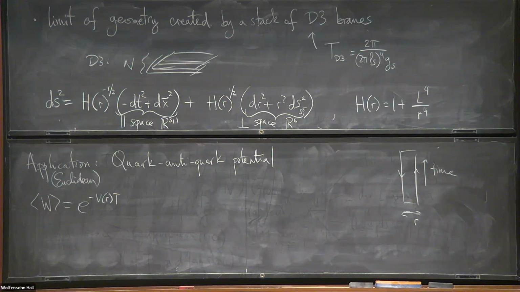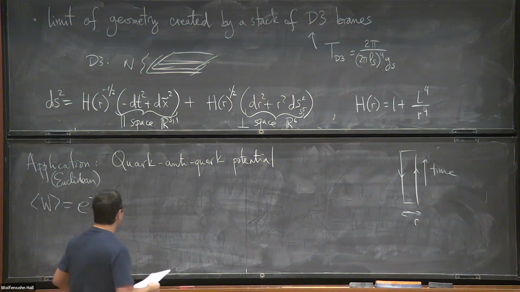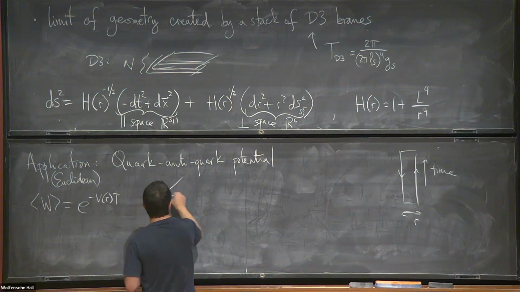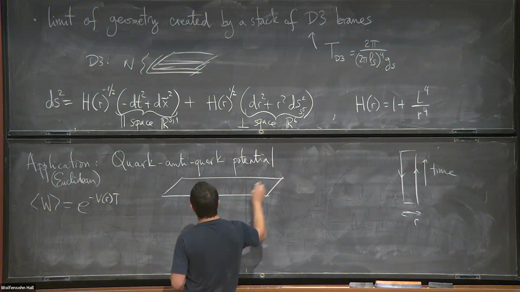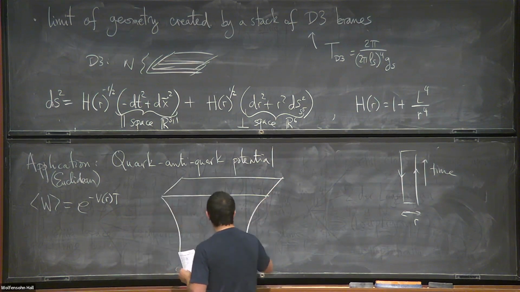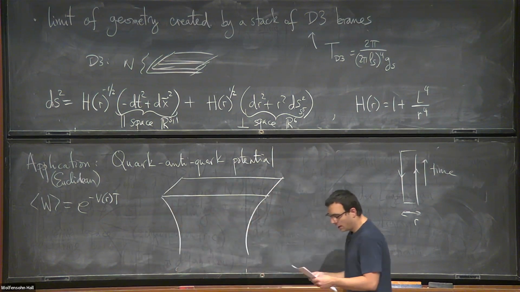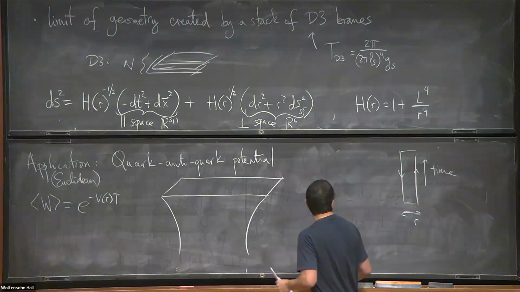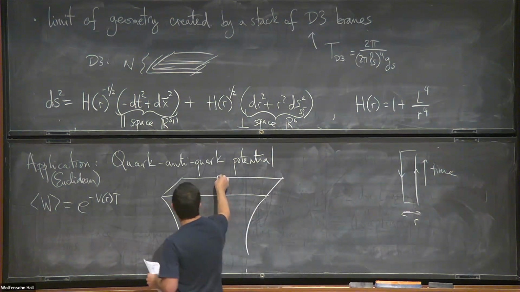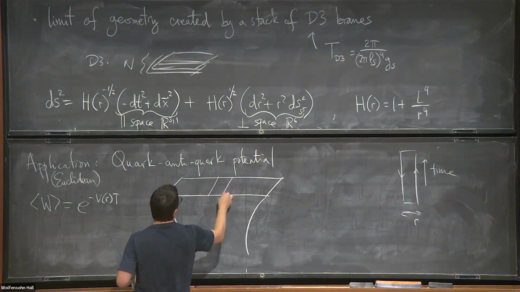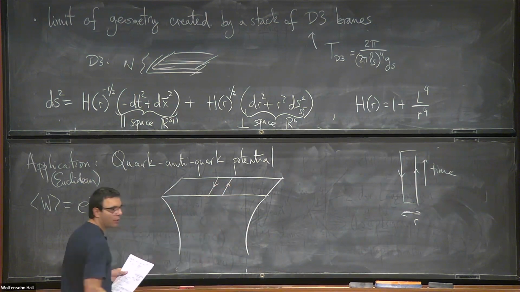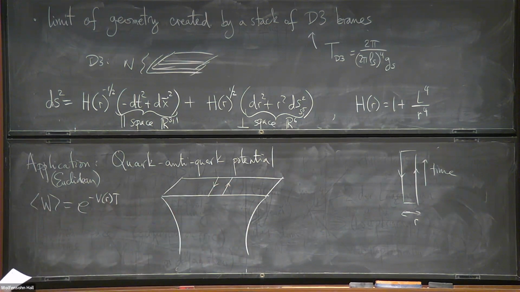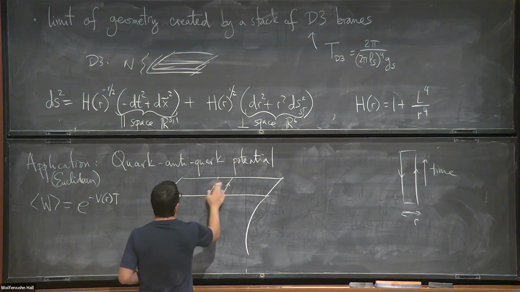So the rule for computing this in AdS/CFT is this. We start with this AdS space and consider on the boundary this Wilson loop. I'm going to draw it as two parallel lines, one the quark and the other the antiquark. Maybe I can just draw them farther apart so I have more room.